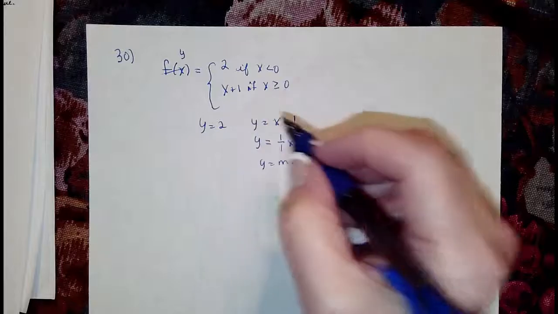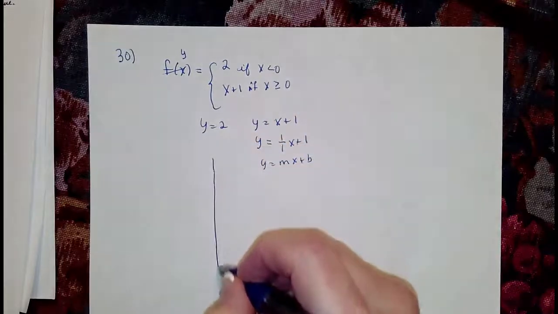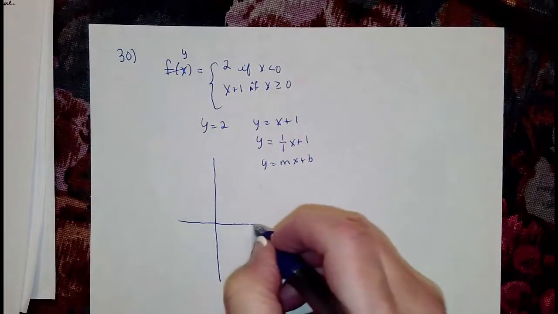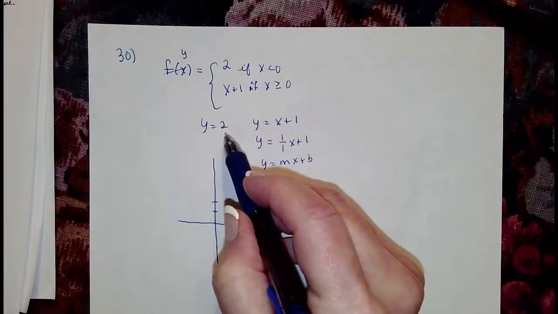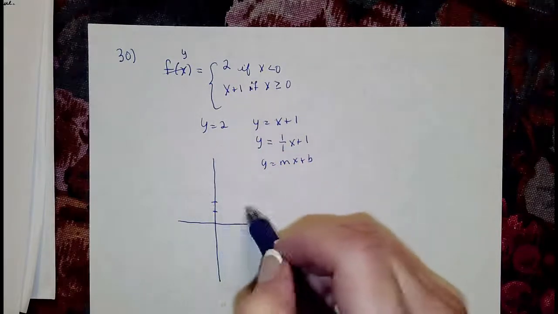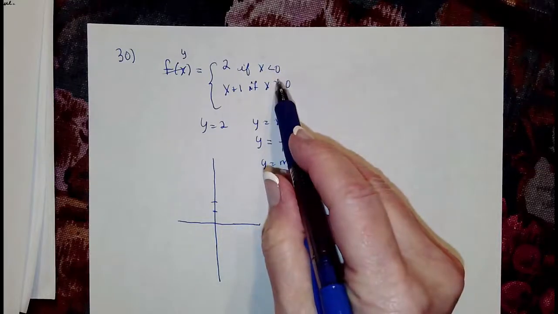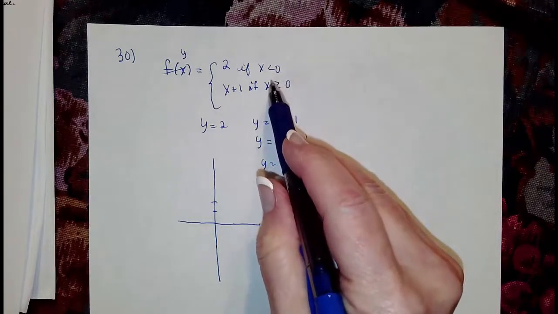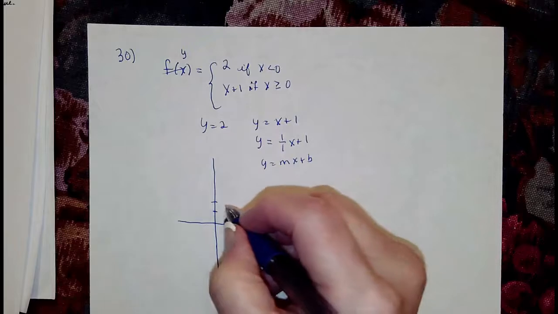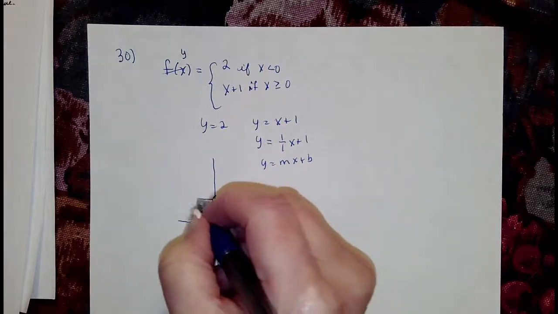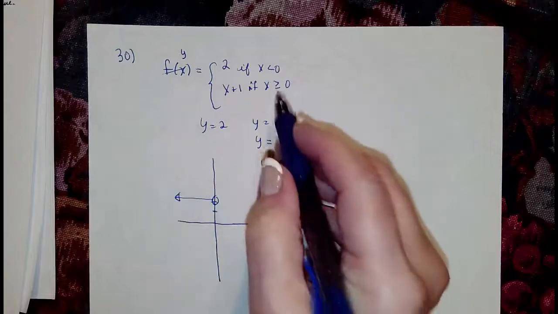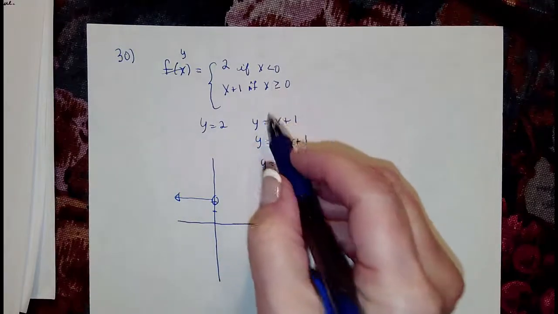So we're going to draw ourselves a graph. Here would be y equals 2, which is a horizontal line, but it has to start at 0. It doesn't have an equal to, so it's going to be an open circle. So I'm going to have an open circle on 2, and an arrow to the left, because it says less than 0.